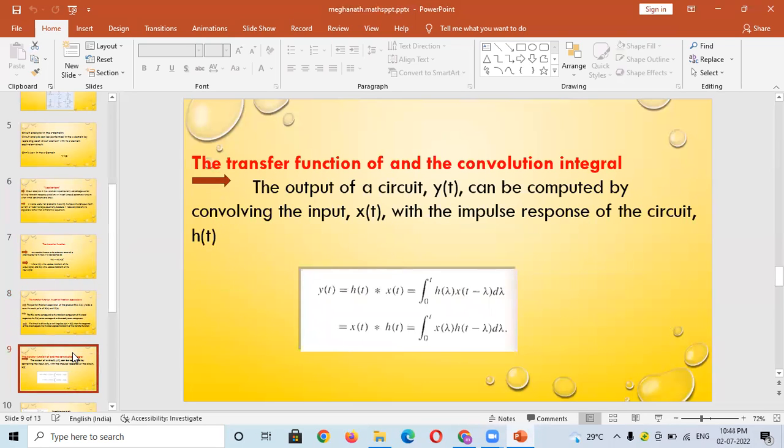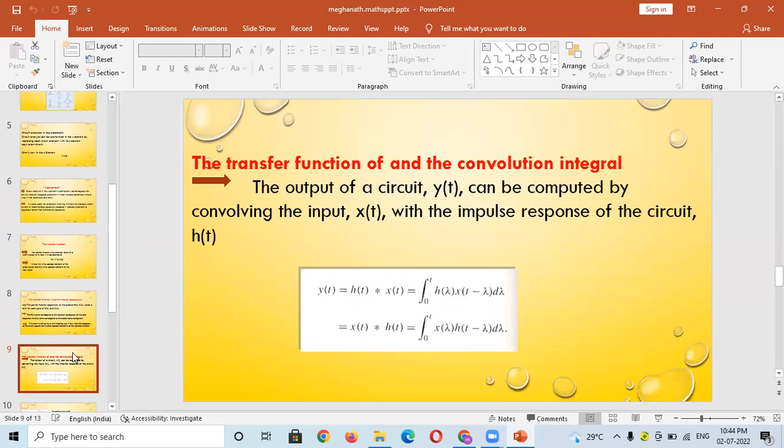The next slide represents the transfer function and the convolution integral. The output of a circuit y(t) can be computed by convolving the input x(t) with the impulse response of the circuit h(t).